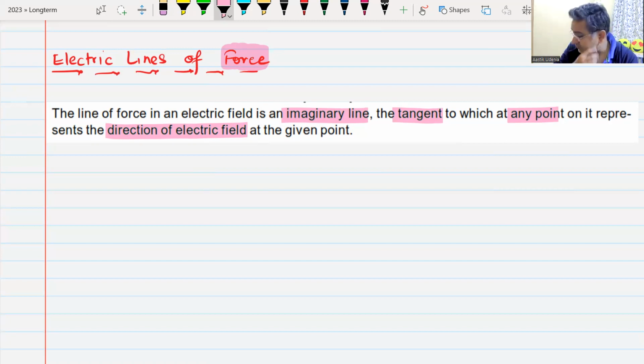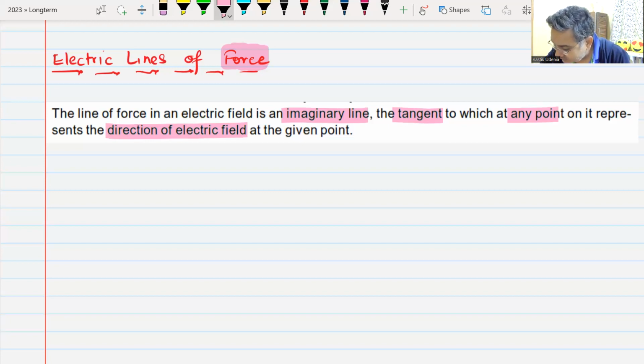Now, there are certain points that you must remember about these electric field lines, and I will show them and also write them. The first thing that you must remember about these electric field lines is that these electric field lines are imaginary, they do not exist.